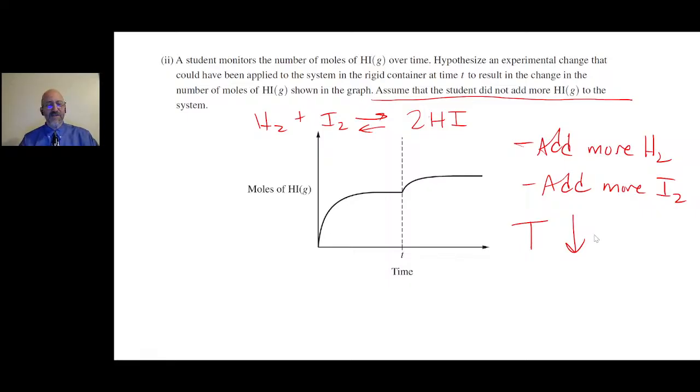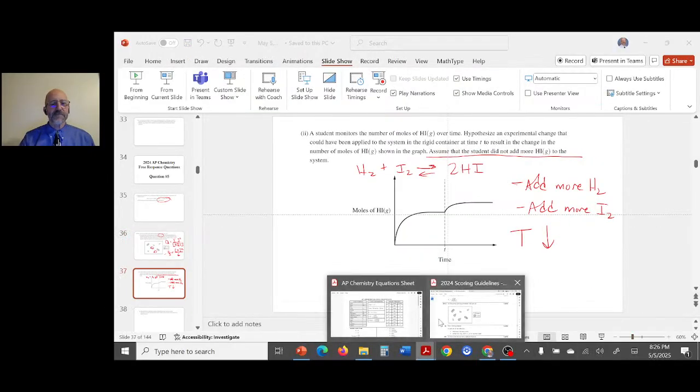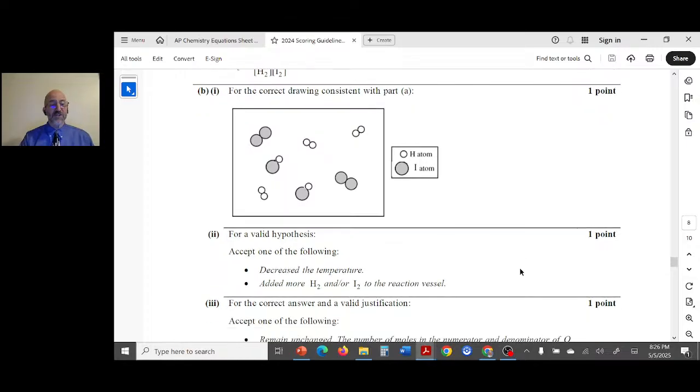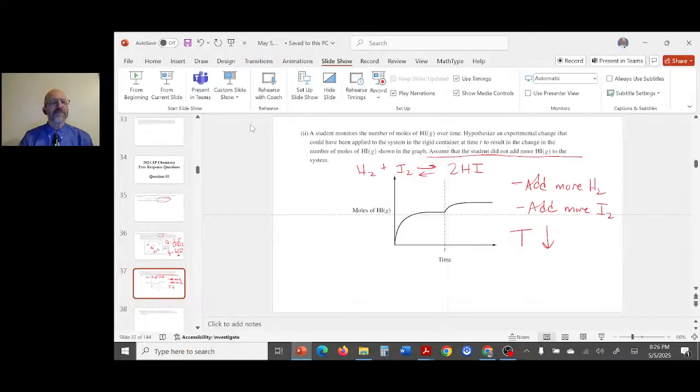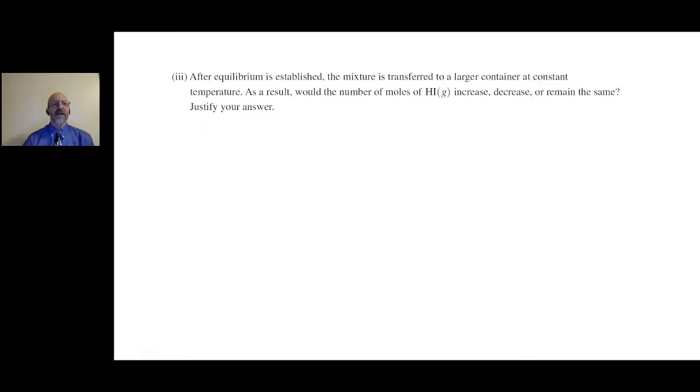So I've got 3 options. Looking at my scoring guidelines here: decrease the temperature or add more of either hydrogen or iodine. Now remember how I told you that equal number of moles of gas on both the left and the right? After equilibrium is established, it is transferred to a larger container.